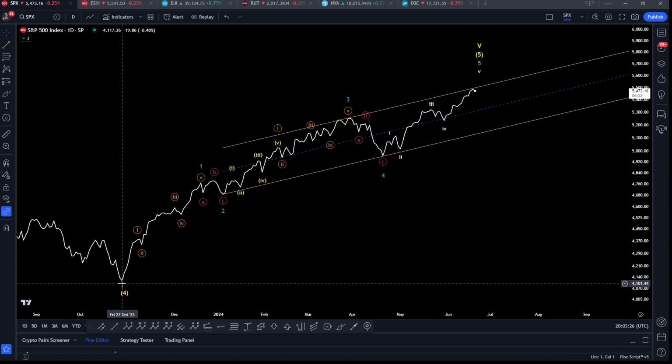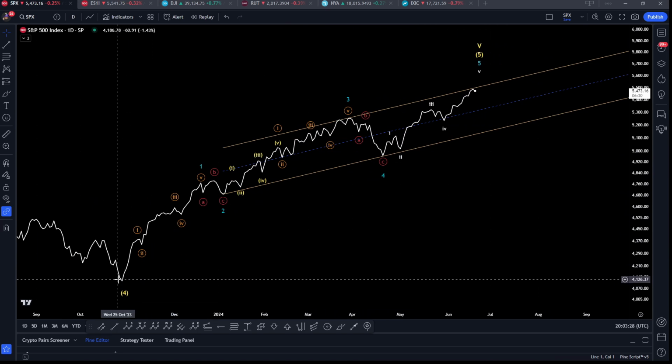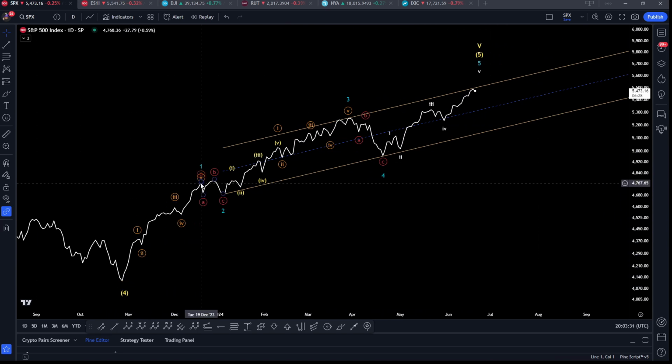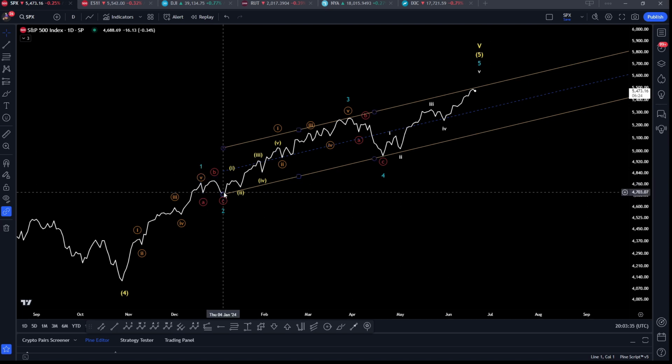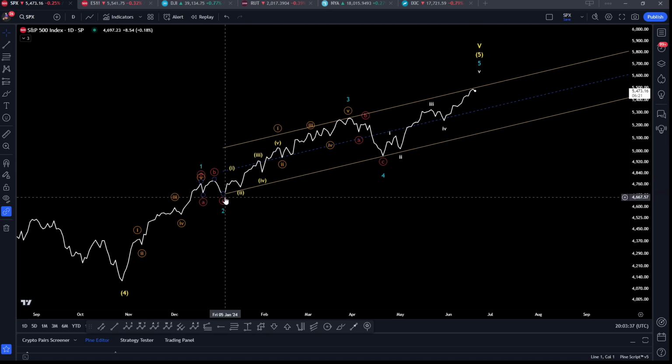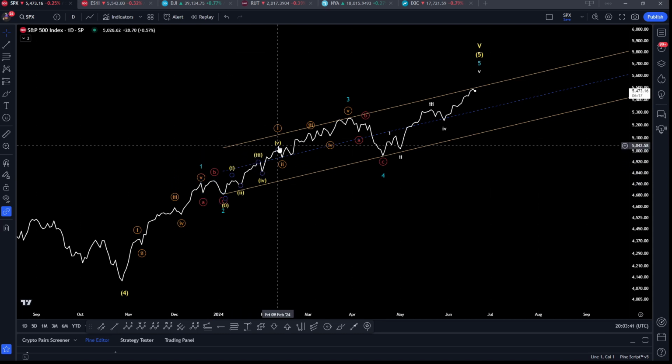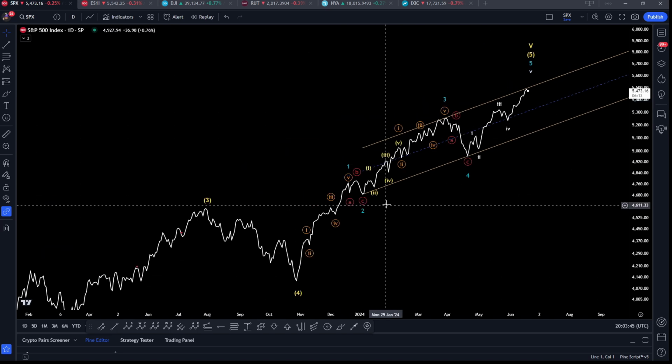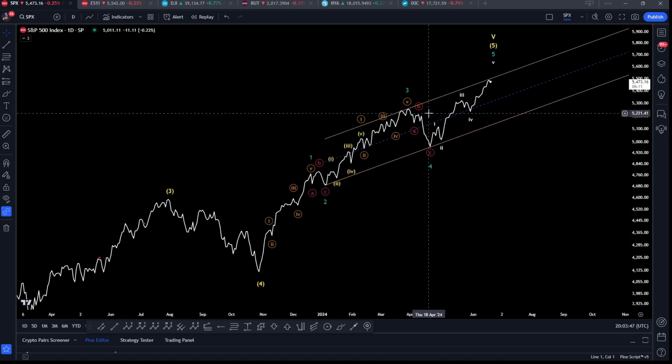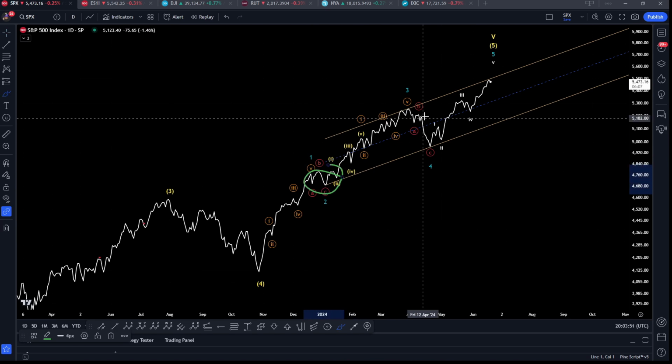Now we're going to focus from October 23 forward. 5 waves up to a 1, 2, and a flat pattern. Extended first wave, 1, 2, 3, 4, 5 for your third. Zigzag for your fourth, exhibiting alternation between the blue 2 and the blue 4.